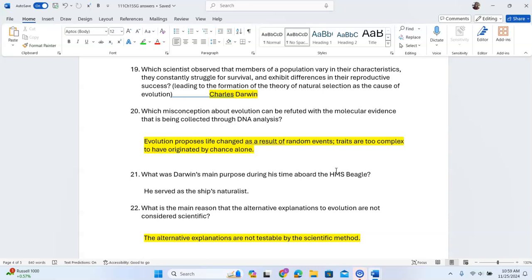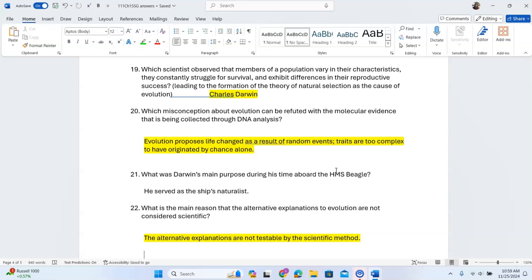And molecular evidence through DNA analysis just shows that there's no way that the changes are a result of random events. And that doesn't mean that we're saying evolution was caused by God, even though there's definitely that belief, and that's fine.